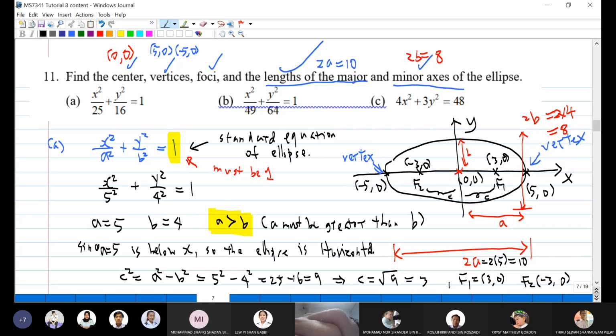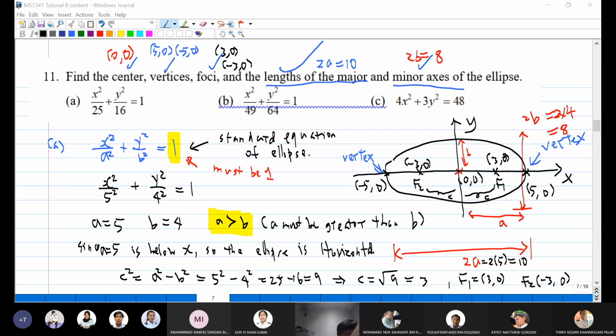So c is 3, therefore the points are (3, 0) and (-3, 0). Two points, they are called the foci. So this is a horizontal ellipse because a is the bigger side, it's under x. So this is a horizontal ellipse here.